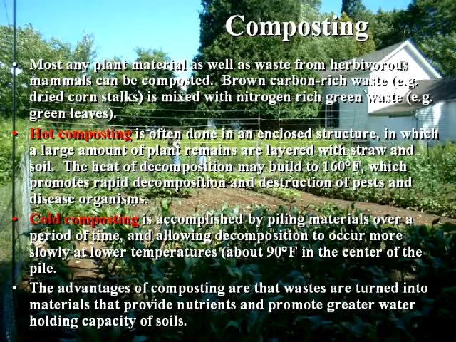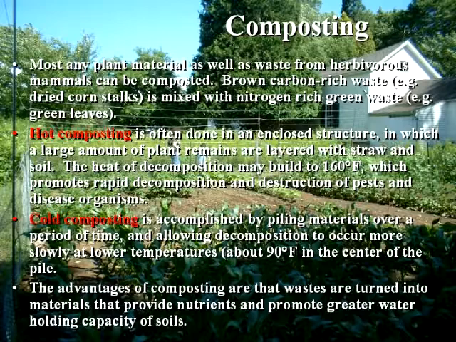And there are various kinds of approaches to composting. There is what is called hot composting, which is generally done in some kind of an enclosed structure, so that you layer plant materials with dried plant materials like straw, and also with layers of soil.